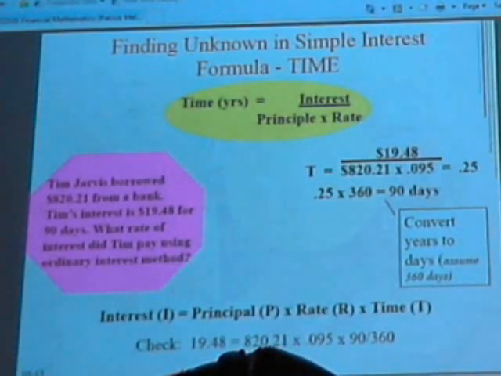Instead of just ignoring it, they're supposed to give you everything but the time. They're supposed to give you the rate of interest, the principal, and the amount of interest. Those three things, and they're supposed to leave out the time. They gave us the time. They gave us the answer right here. So don't worry about this.